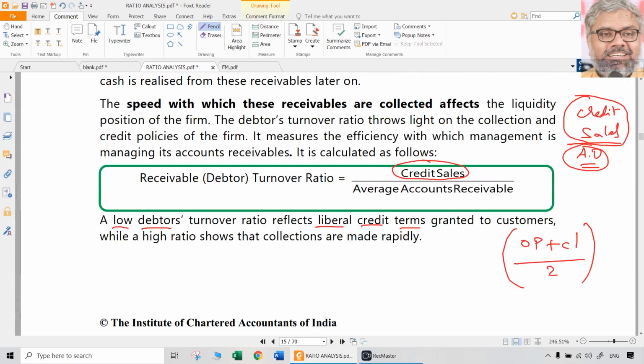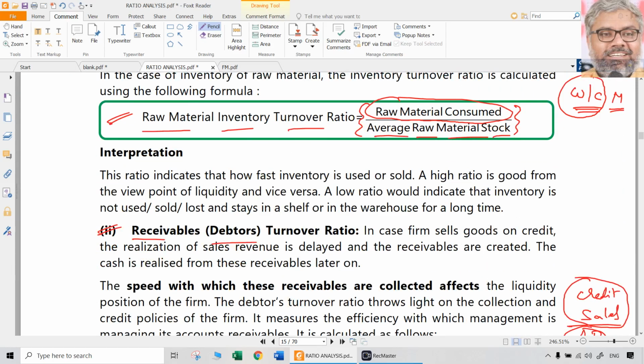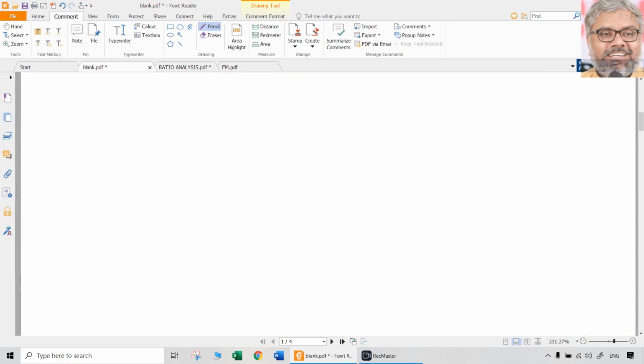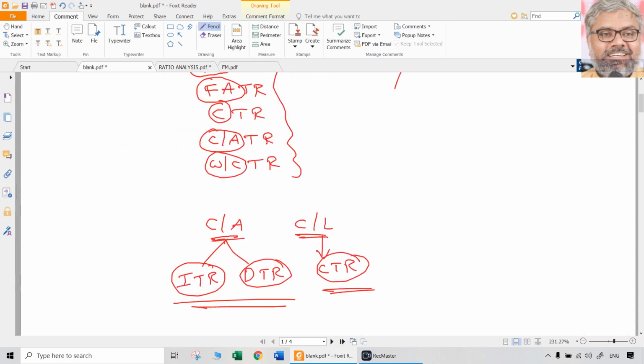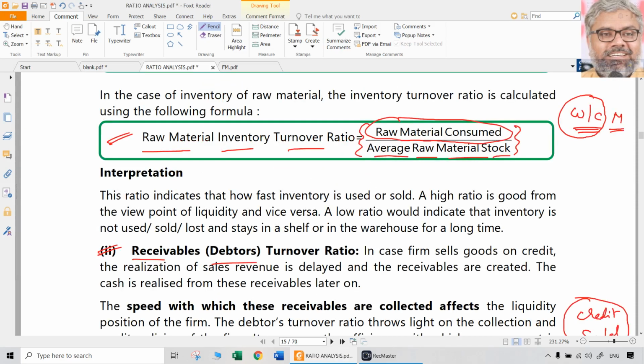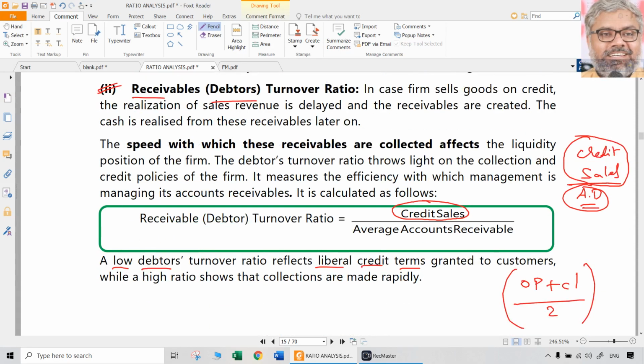So better thing always, as I told already, any of these turnover ratios, whether it is total asset turnover ratio, fixed asset turnover ratio, current assets turnover ratio, working capital turnover ratio, or capital turnover ratio, all of them, or for that matter inventory turnover ratio or debtors turnover ratio, the higher they are, the better the efficiency of the organization can be judged as.